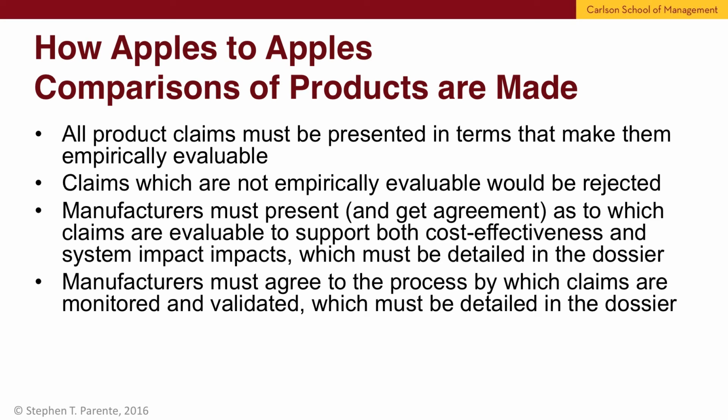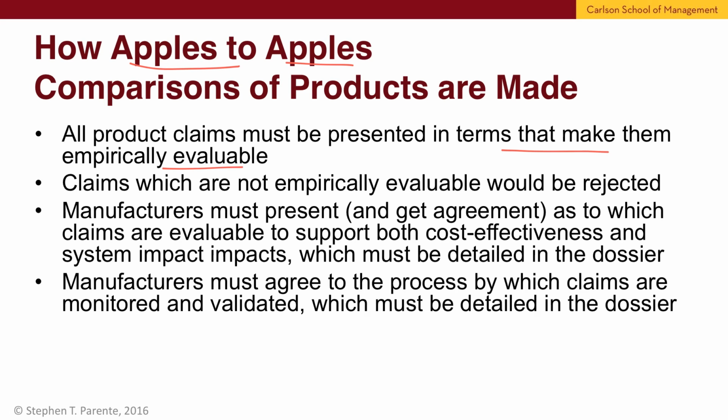And when this is done, the dossier really needs to make sure that there's apples to apples comparisons being made. That's why we use one term, quality adjusted life years saved, or some other terms too, but all the technologies that you're comparing to must use that same terminology. So the product claims must be presented in terms that make them empirically evaluable.